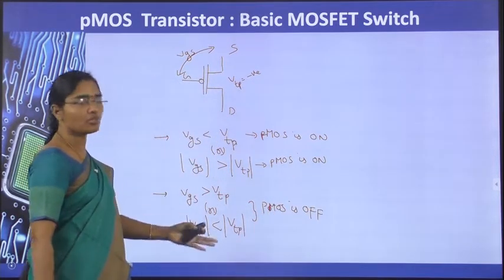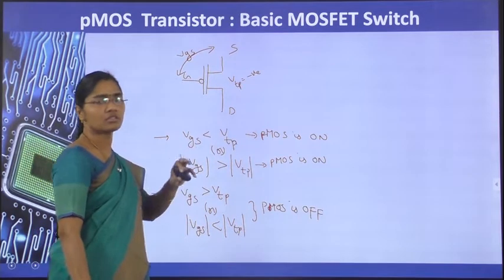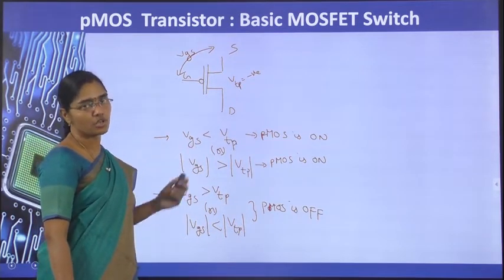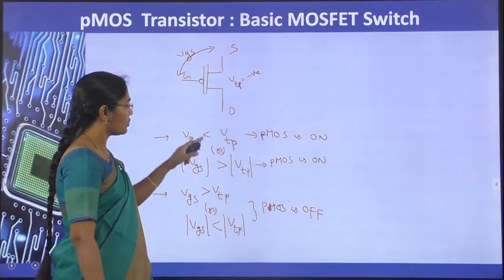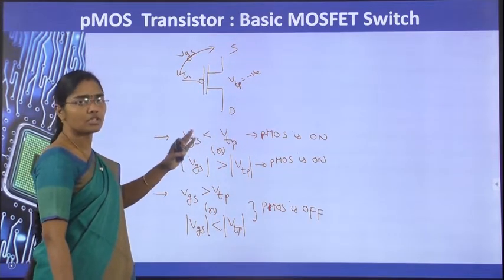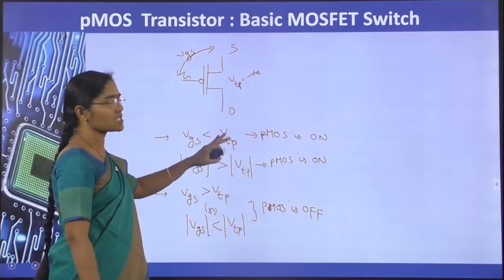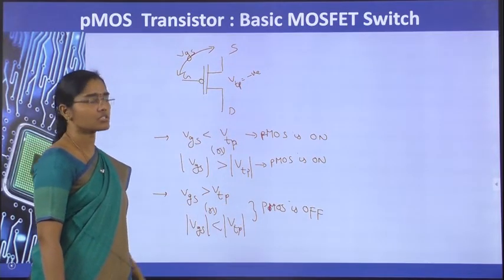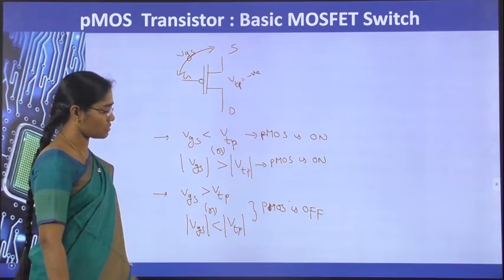Off means open circuit with high resistance, on means low resistance, a short circuit. So when the voltage conditions are satisfied like this, the transistor will be on or off. When it is on, it is used as a short switch. If it is off, it is used as an open switch.